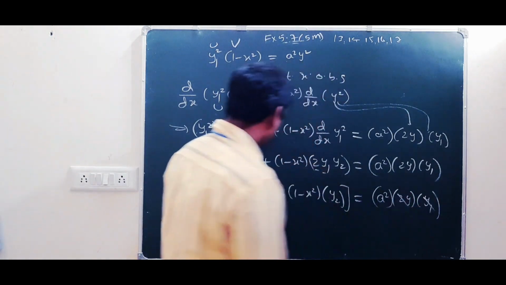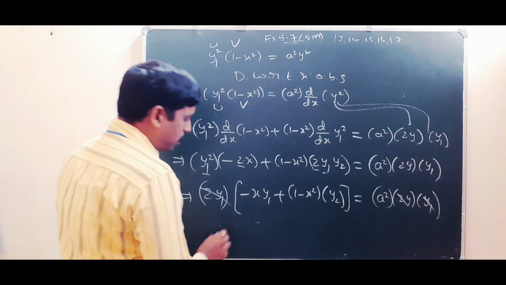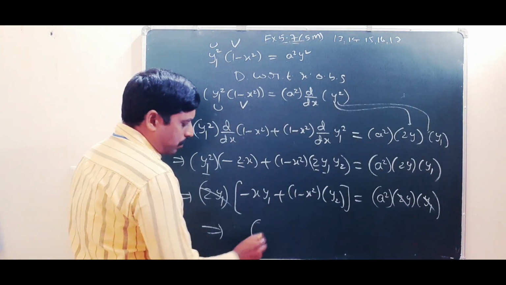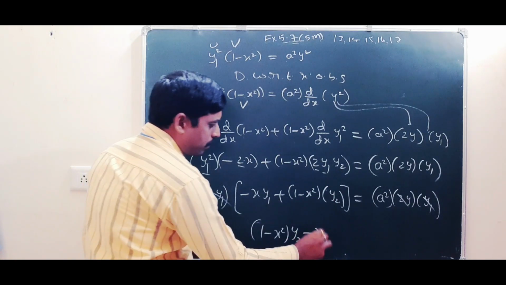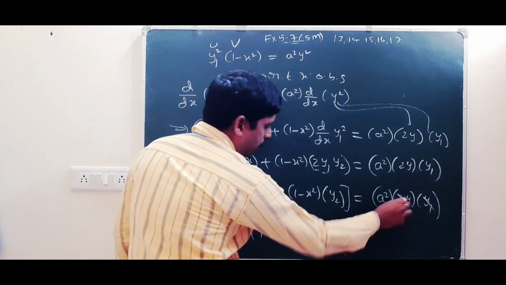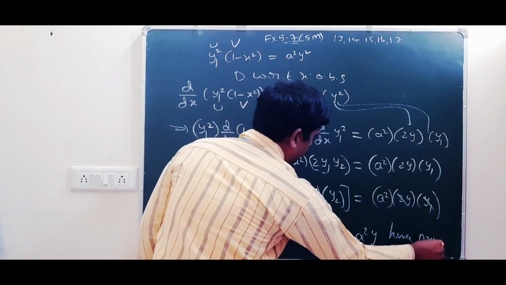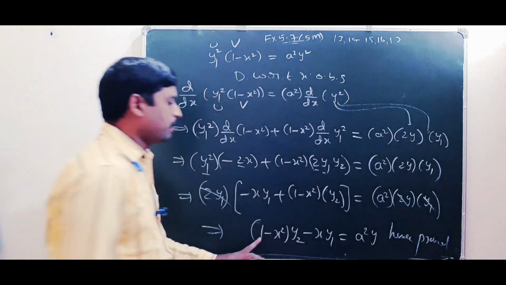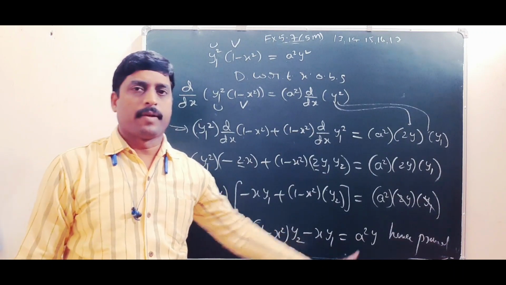So on both sides 2y1 gets cancelled. So what is remaining? 1 minus x square into y2, minus xy1, it is going to be a square y. Hence proved. So 1 minus x square into y2 minus xy1 equal to a square y. This is the answer.